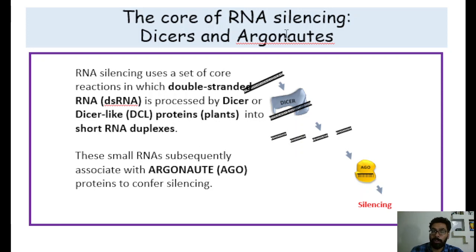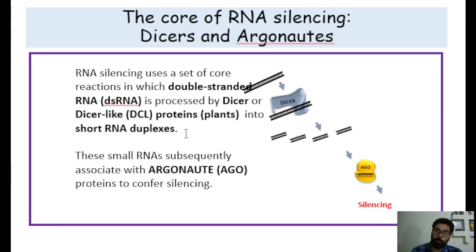So the core of RNA silencing are dicer and Argonaute proteins. In animal systems dicer proteins are there, but in plant systems dicer-like proteins are there to chop off the double-stranded RNAs.